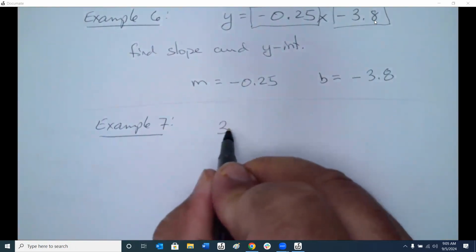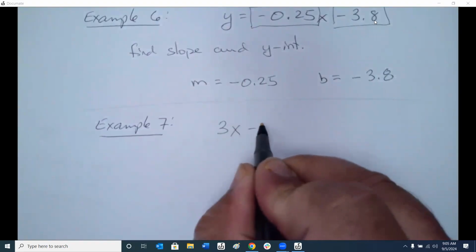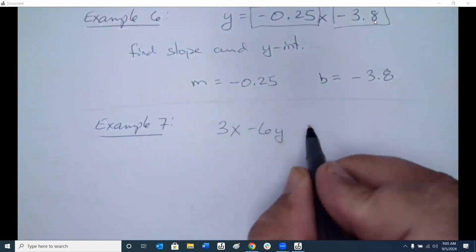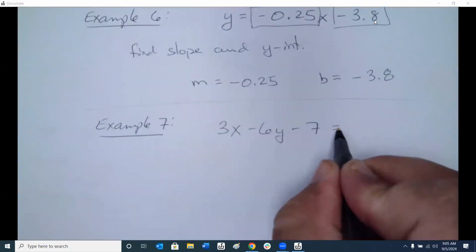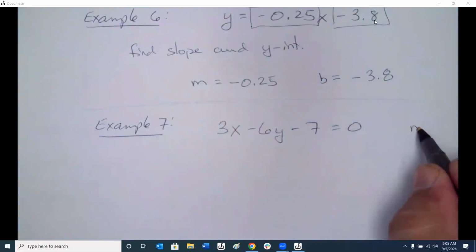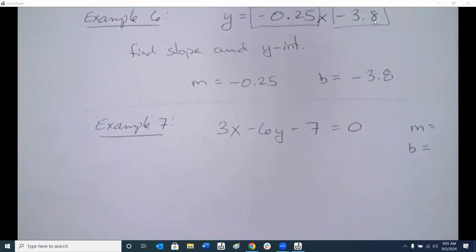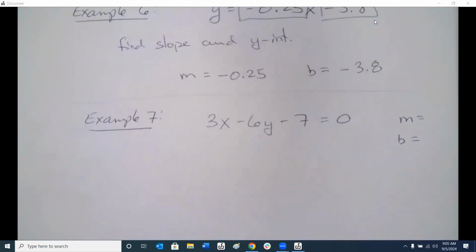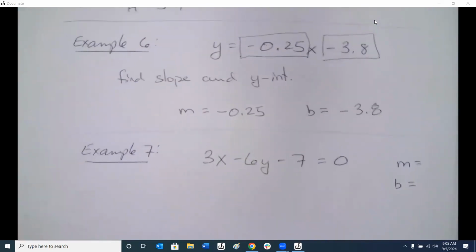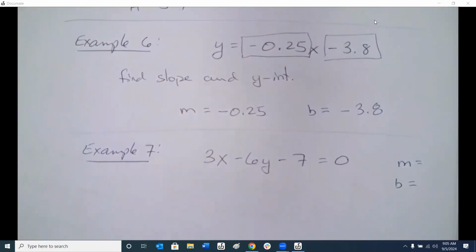Same thing for this one. Tell me the slope and the y-intercept. Nope.